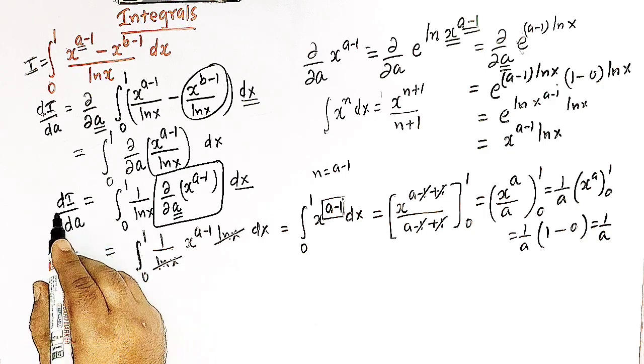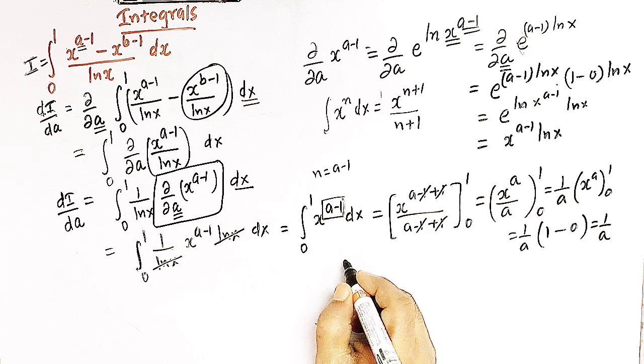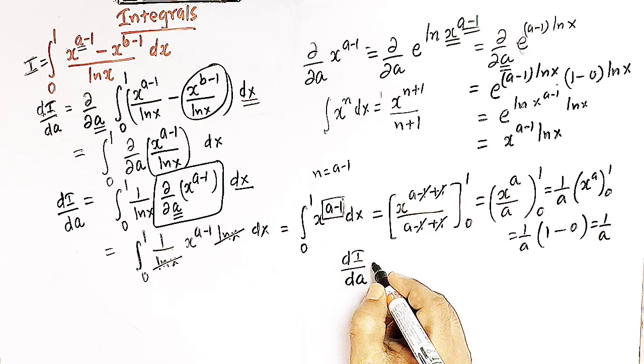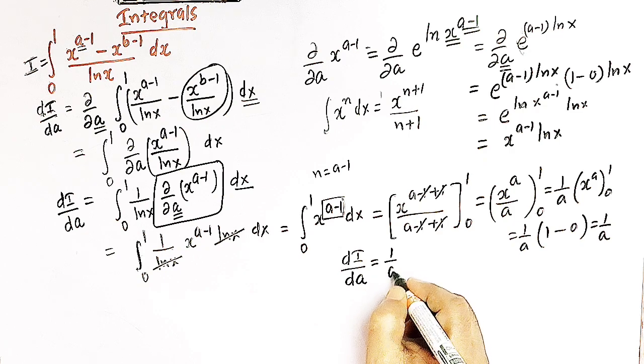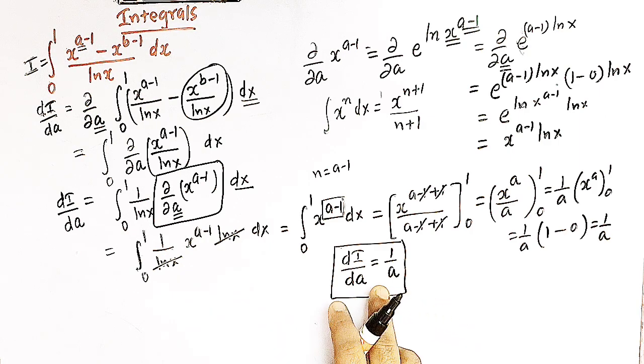So now the derivative of this integral I with respect to a is given by dI/da is equal to 1 over a. Now this is a variable separable form of differential equation, and we can solve this differential equation by the method of separating the variables.